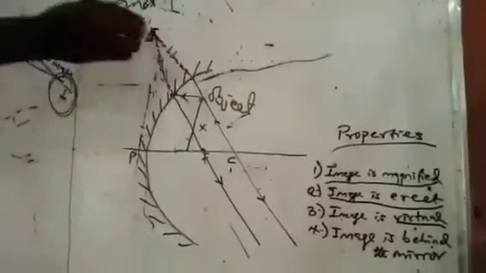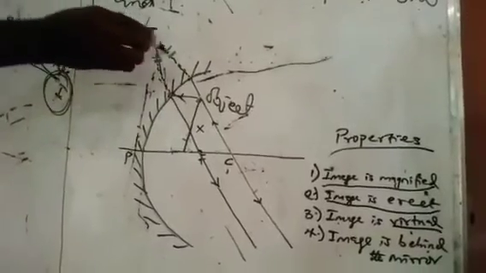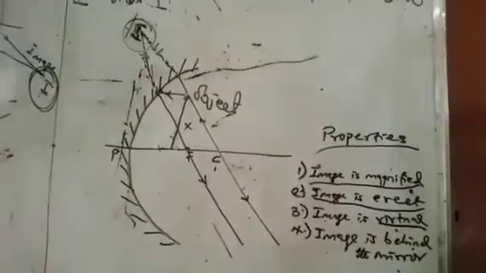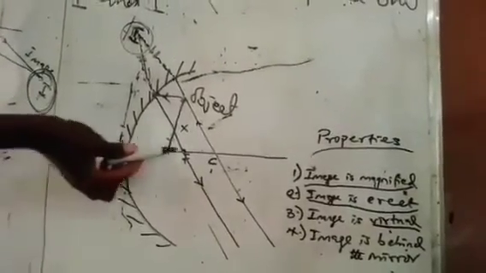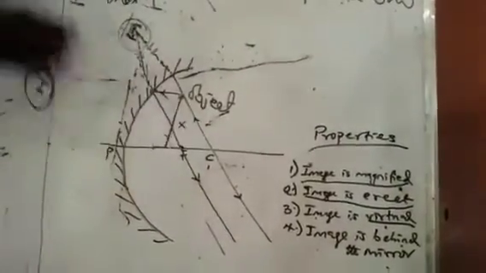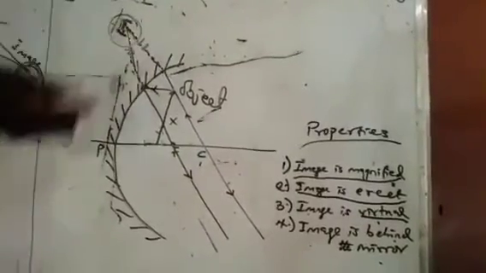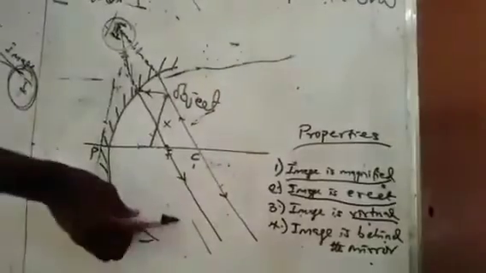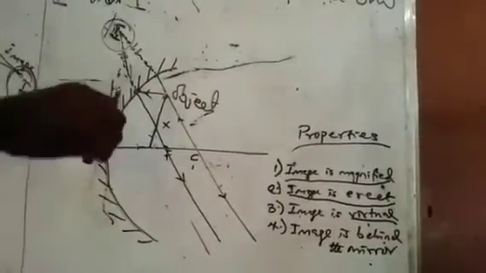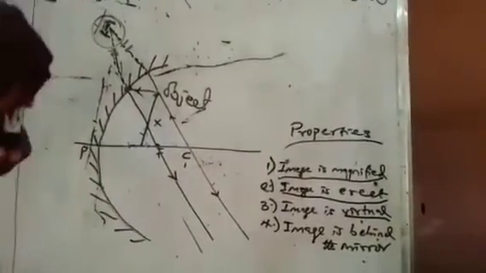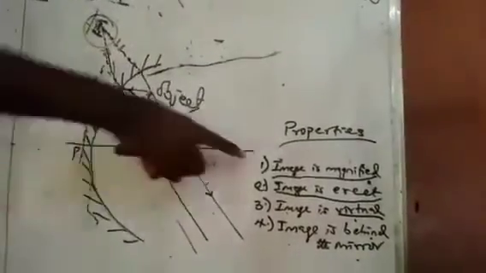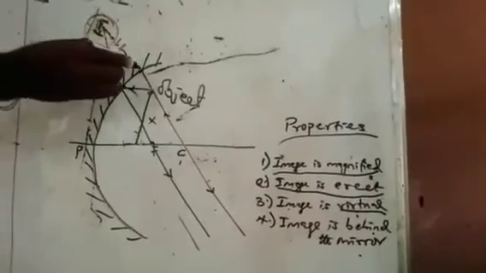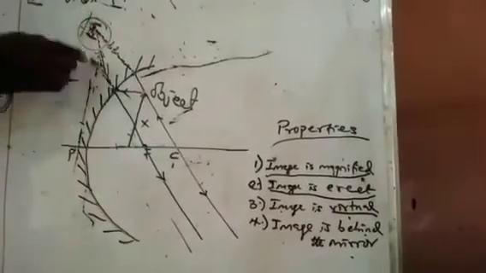Wherever the convergence takes place, that is where the image is going to be formed. Now, remember this is our principal axis. And now the image was formed not only behind the mirror, but above the principal axis. I told you, once the image is formed below the principal axis, it must be what? Inverted. But now it has formed above the principal axis, so the image is definitely going to be erect. Again, you can see that we only produce the imaginary rays until it converges.